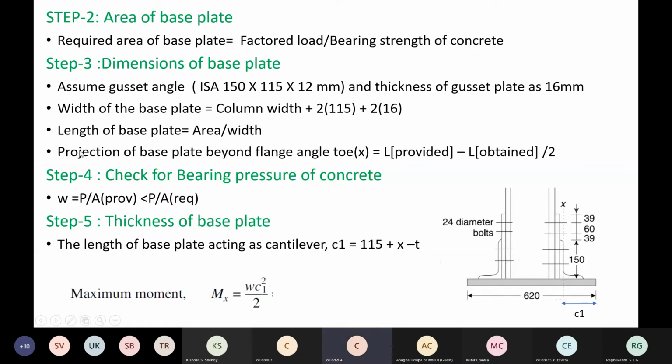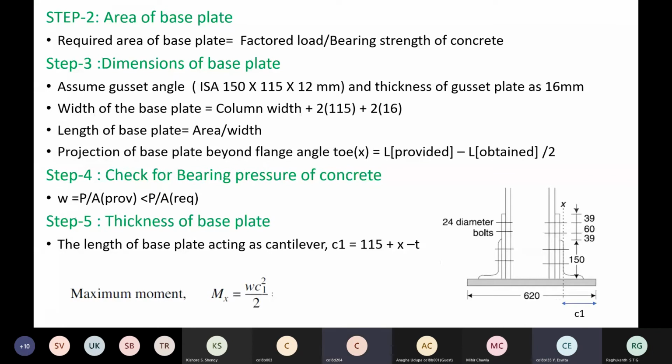You already know W, calculated in step 4. C1 you know. 38.283.